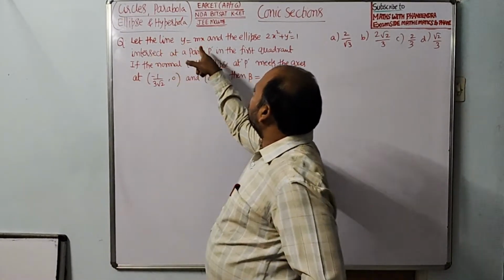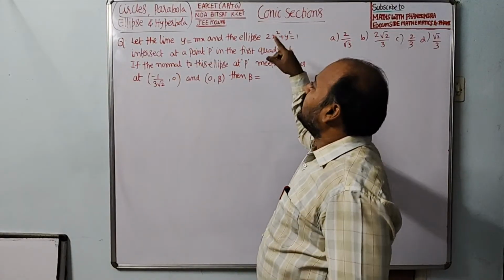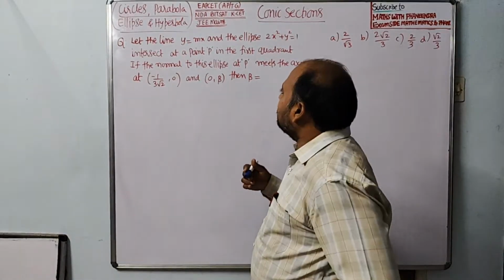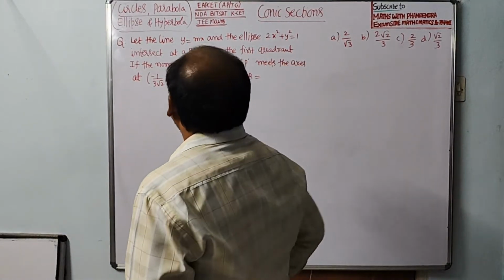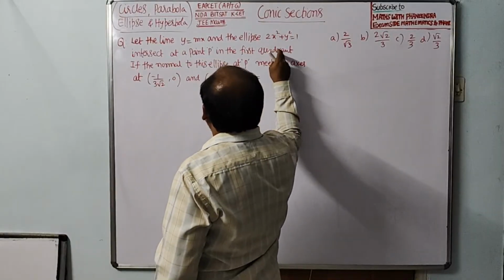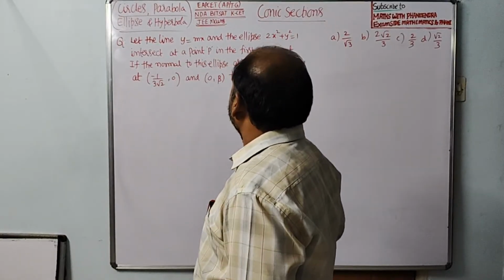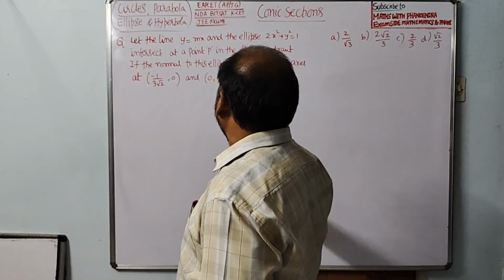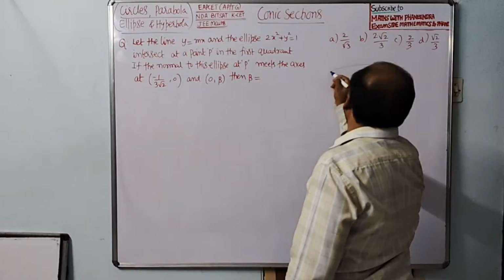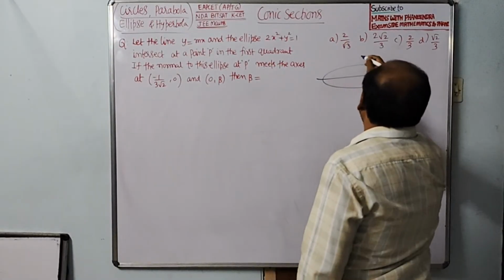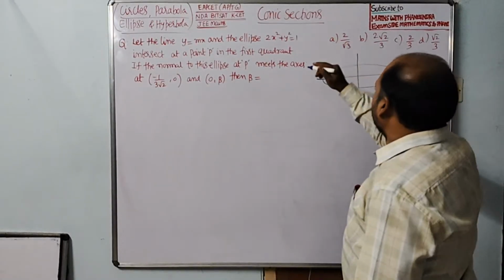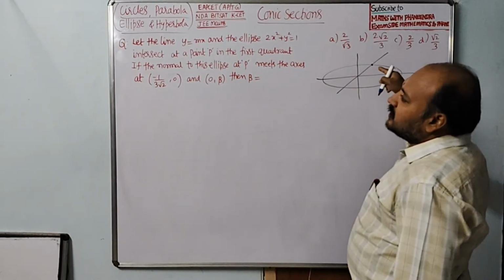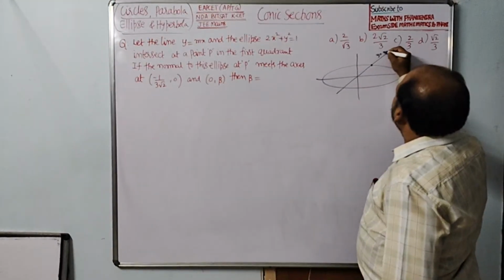Let the line y is equal to mx and the ellipse intersect at a point P in the first quadrant. If the normal to the ellipse at P meets the axes, see the rough figure, just a little bit of an idea. This is the ellipse figure, and this is the first quadrant. y is equal to mx means a line passing through the origin.